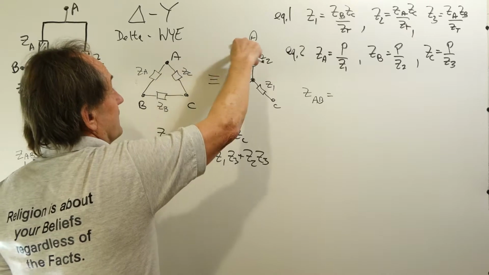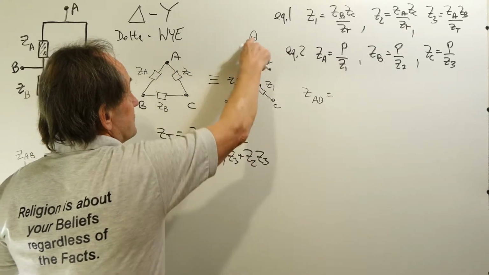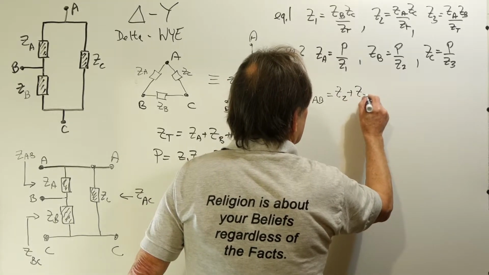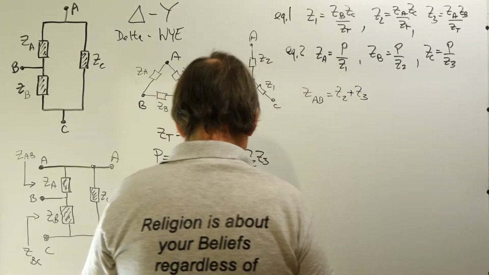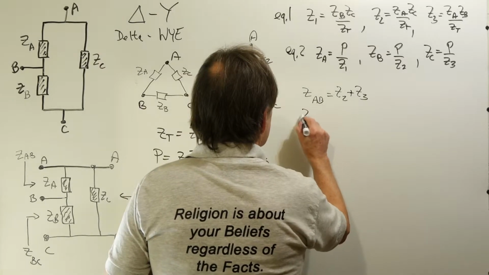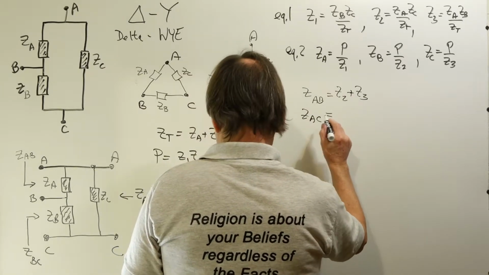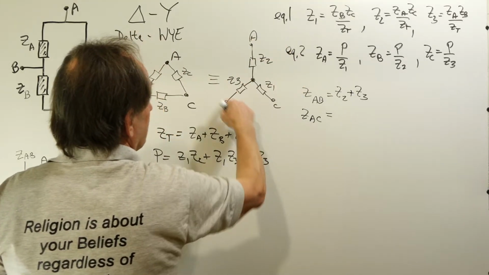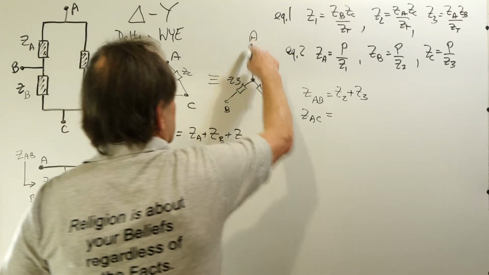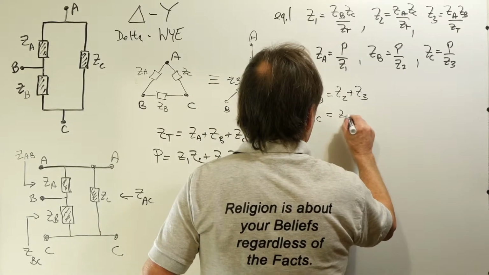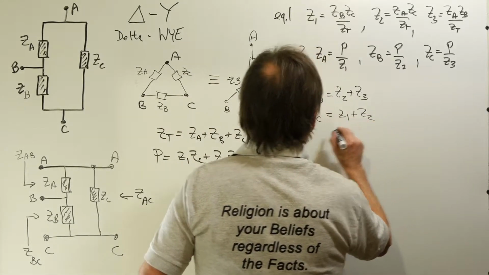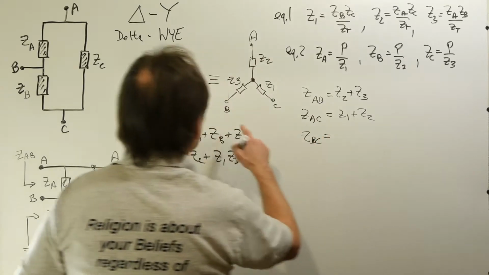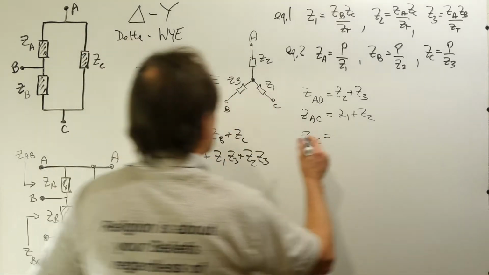So the impedance looking into nodes A and B is just Z2 plus Z3. And ZAC, if we look in AC, it's just Z1 plus Z2. This is open circuited, Z3 doesn't enter in. And ZBC is just Z1 plus Z3.